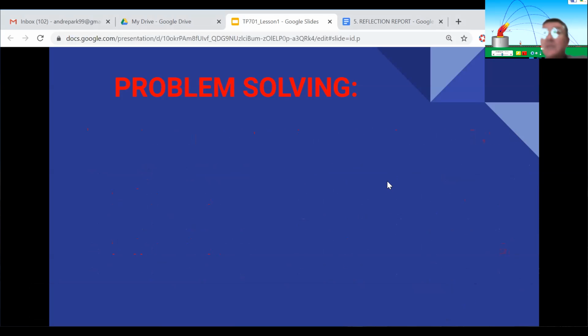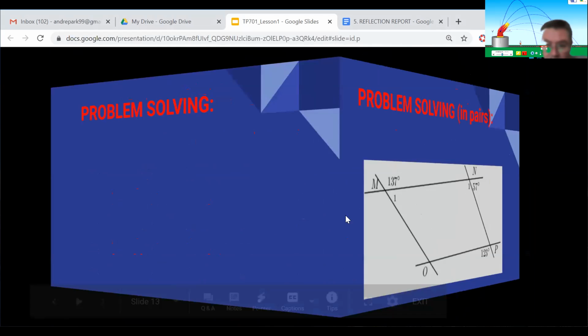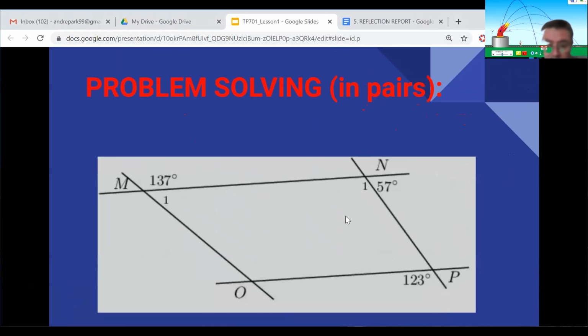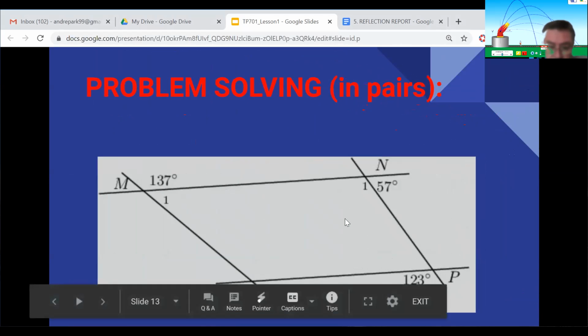Okay, now that we've done the problem solving, let's move on to the real thing. We've got a parallelogram here. We've got the angles there, 137, 57, 123. Use your previous knowledge.